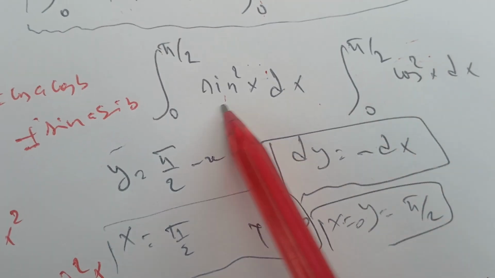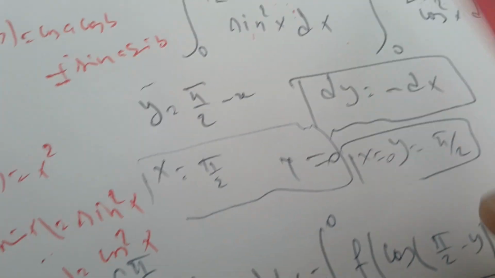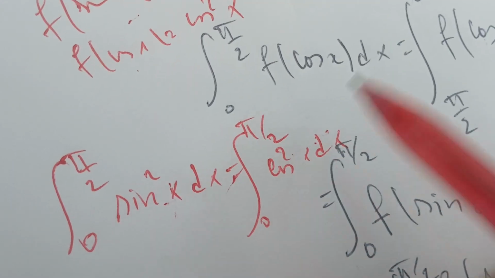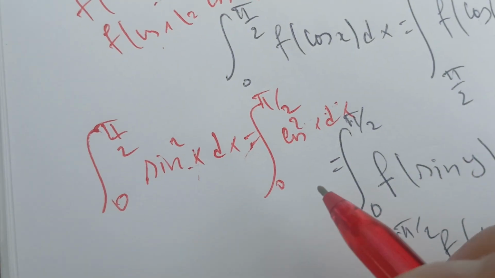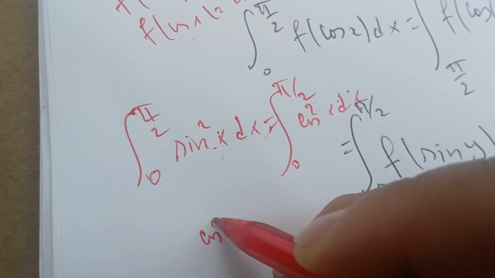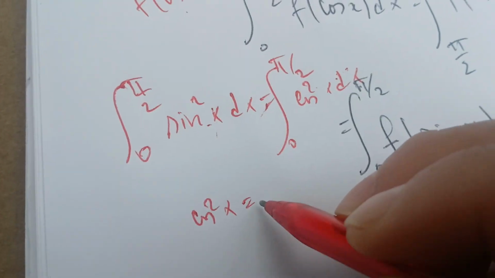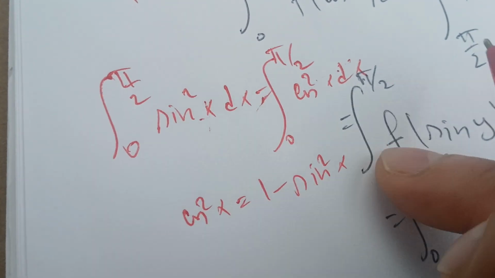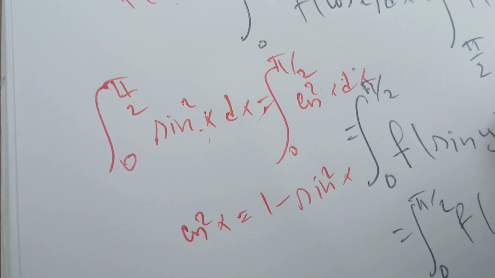These two integrals are the same. Okay, now since these two are the same, we can use the fact that the cosine squared of x is 1 minus sine squared of x. You can also use that sine squared of x is 1 minus cosine squared of x.